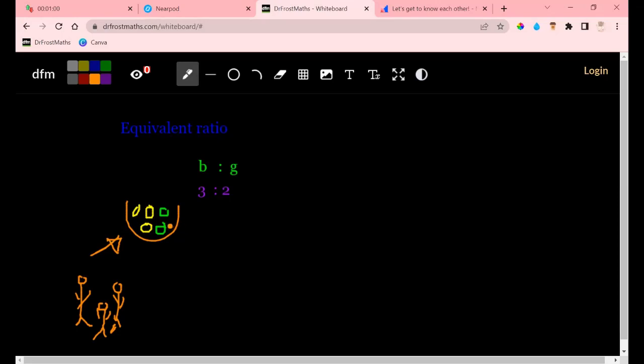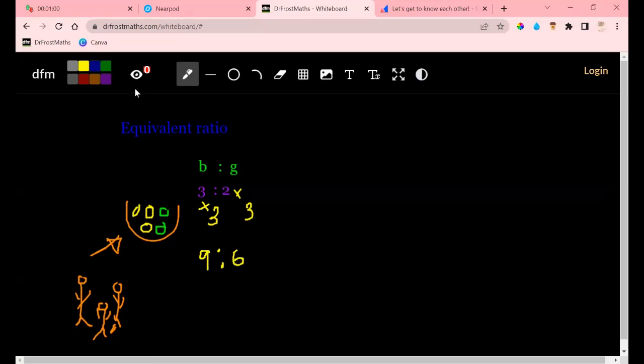You are in great distress, but you know a trick: you can use equivalent ratio. Simply multiply both terms by 3, and you get 9 to 6.